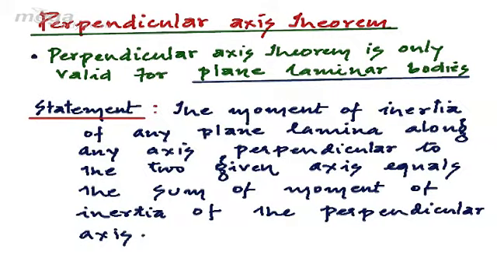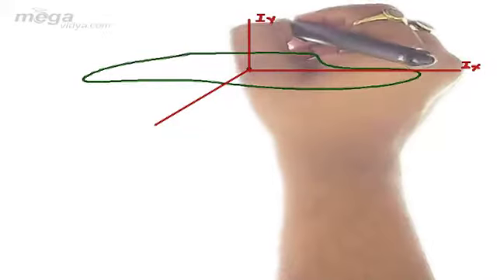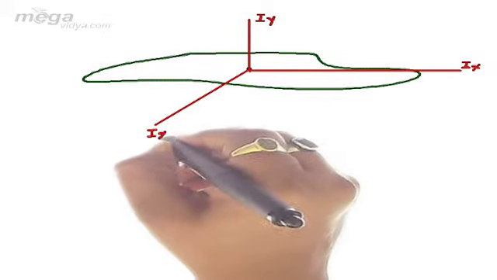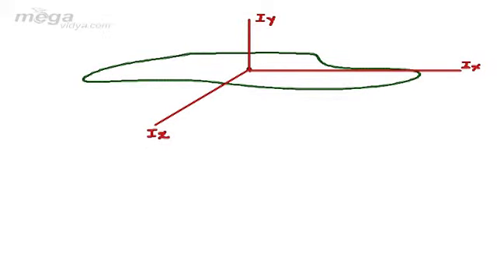According to the perpendicular axis theorem, the moment of inertia of any plane laminar body about any axis perpendicular to the plane equals the sum of the moments of inertia about the two perpendicular axes in the plane. Let us consider a plane laminar body. Let Ix, Iy and Iz be the moments of inertia about the respective axes of this plane laminar body.